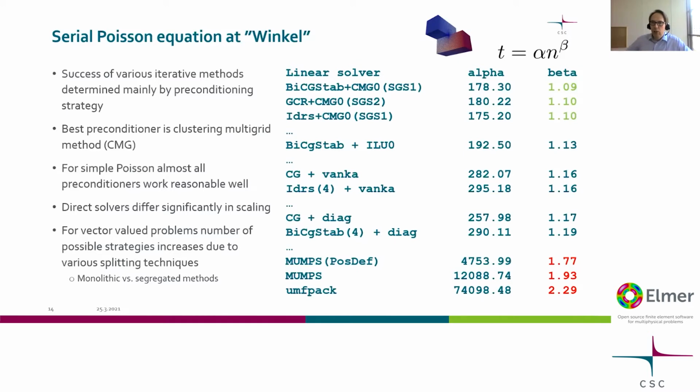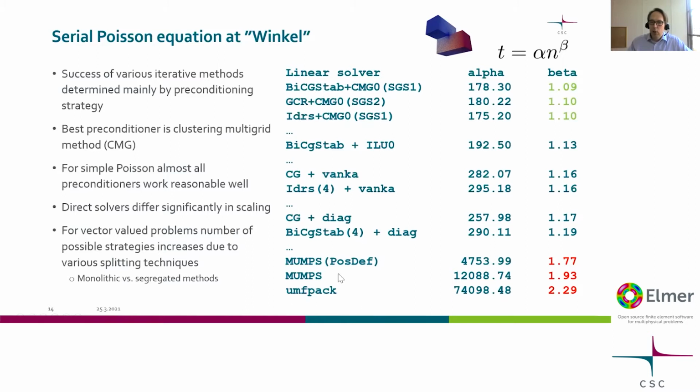You can see that these methods scale almost linearly. So your exponent is about 1.1, and CMG is short for clustering multigrid. So these are all multigrid method based preconditioners.